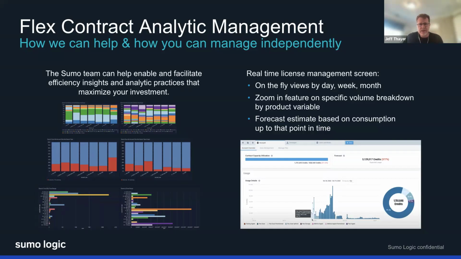Our account screen is no different in terms of how you're used to it today. It's been modified to include the Flex variables, but the advantages of our live account management screen are still intact. They give you a day-to-day, even as the day is progressing, concept of how much capacity you're consuming and by what parameters.